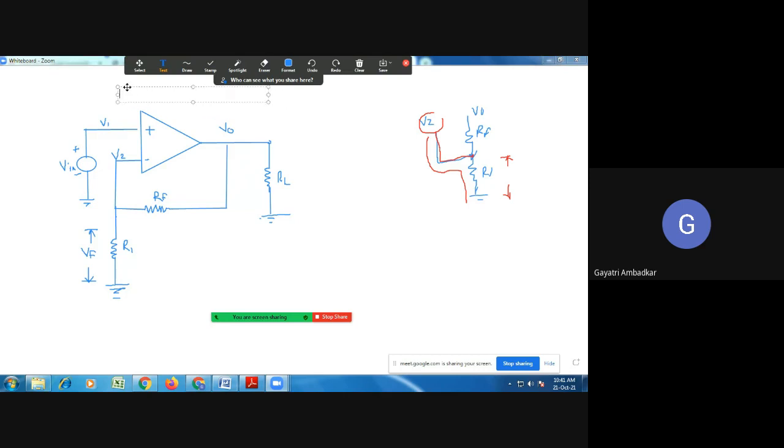This configuration is nothing but voltage series feedback.